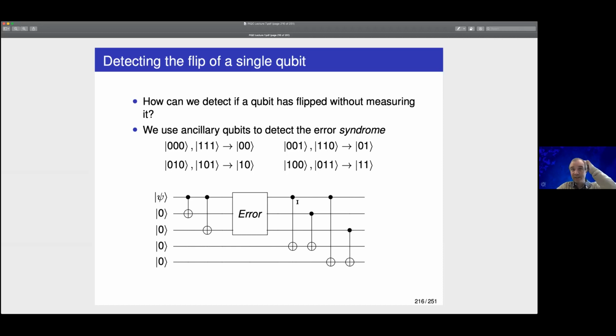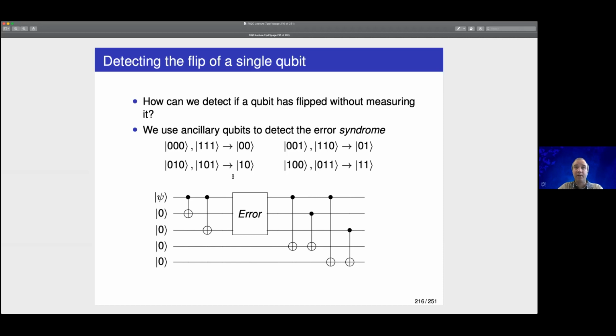So notice that if both of them are 0, then we are not going to apply the NOT gate here. So we are going to have 0 again. If both of them are 1, then we are going to flip the qubit to 1 with this CNOT, but we are going to flip it back again to 0 with this CNOT.